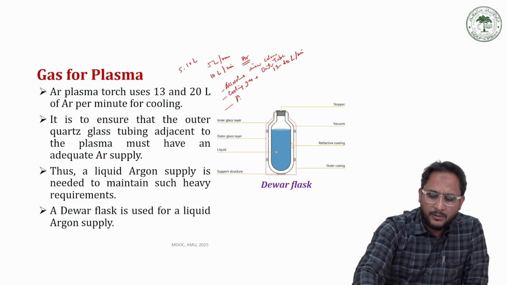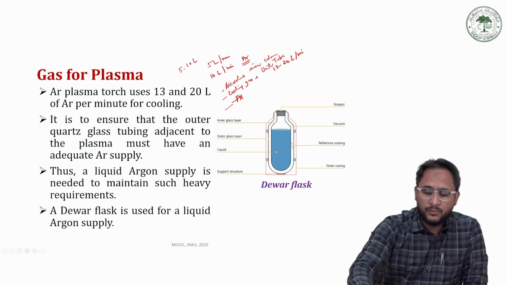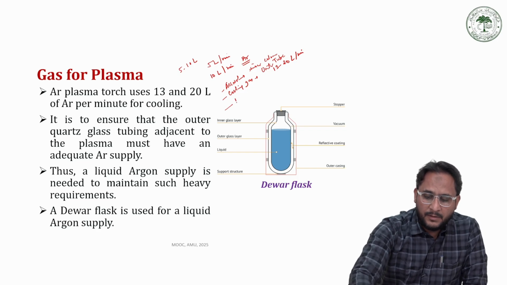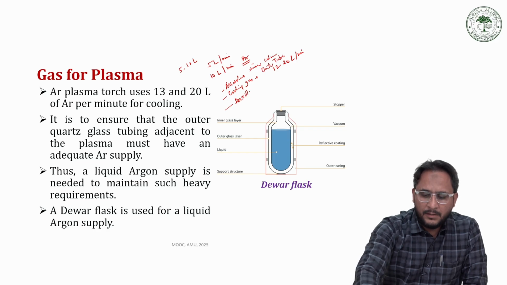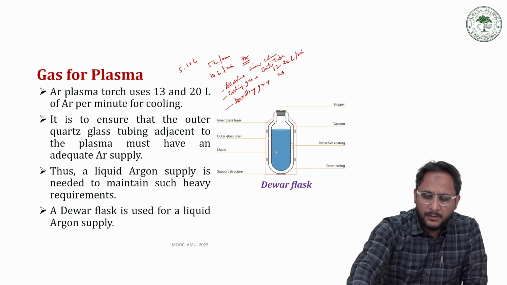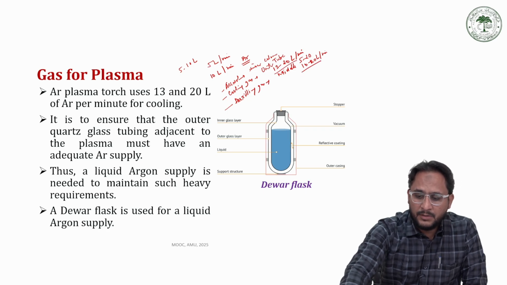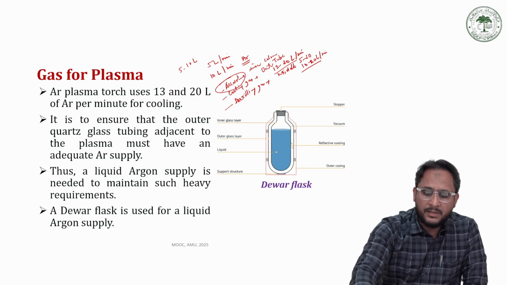Then it is mainly used to create the plasma, where it is passed through the middle tube and called auxiliary gas, where the flow rate ranges from 5 to 20. Mostly we use 10 to 20 liters per minute of this gas. So the flow rate is 10 to 20 liters per minute here, then 13 to 20 liters here, and then also for creating an aerosol.